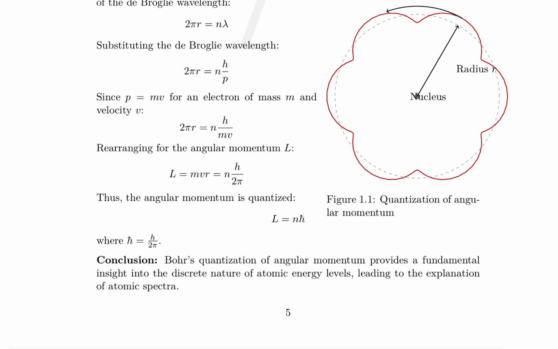We get L, the angular momentum, equals mvr equals nh upon 2 pi. So this is our final expression for the angular momentum of the particle.